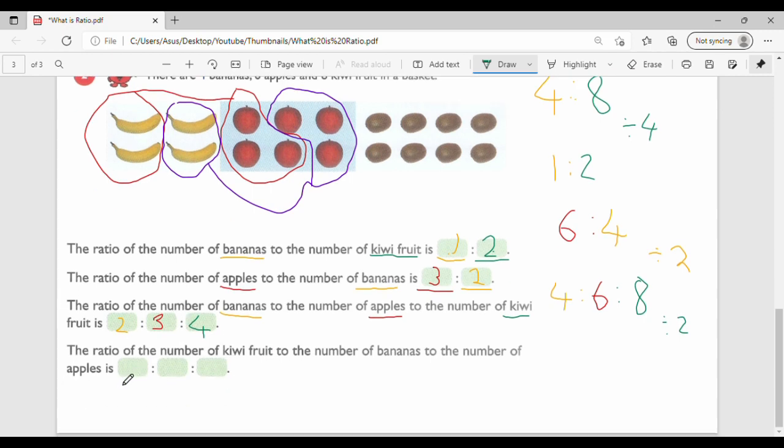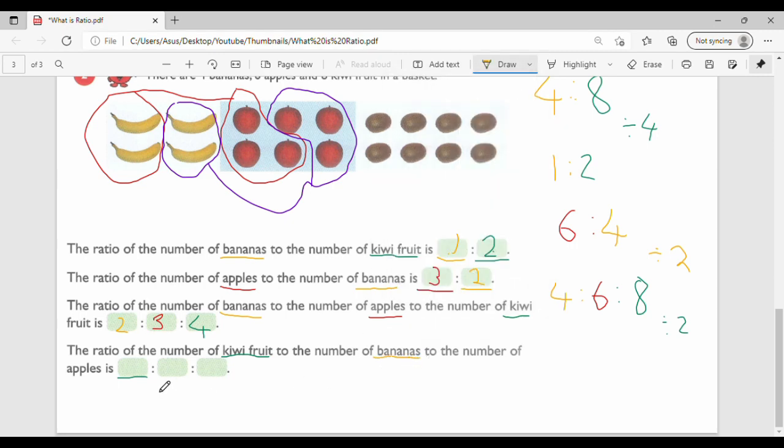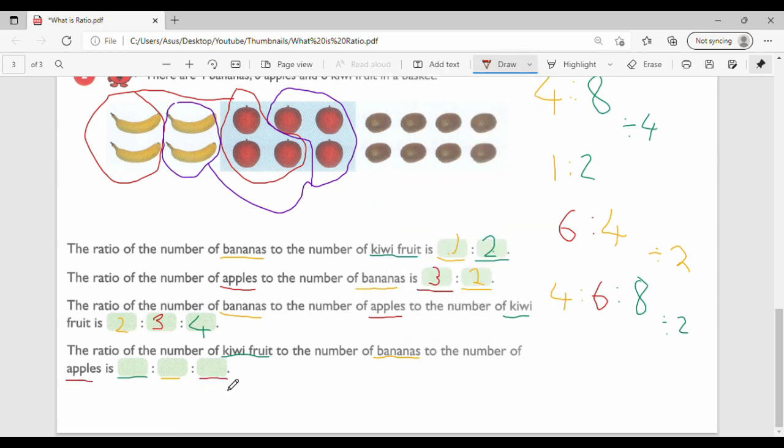Now we've got another question here. The ratio of the number of kiwi fruit, so kiwi fruit is first, so that number is going to be the first one, to the number of bananas, the second number, to the number of apples. This is just the same question, using the same numbers but in a different order.